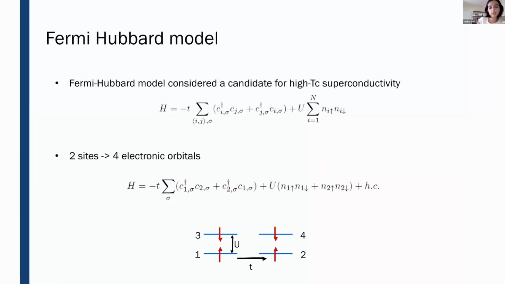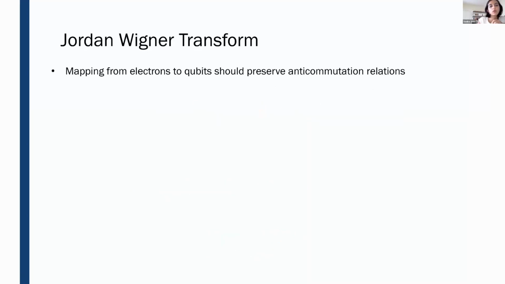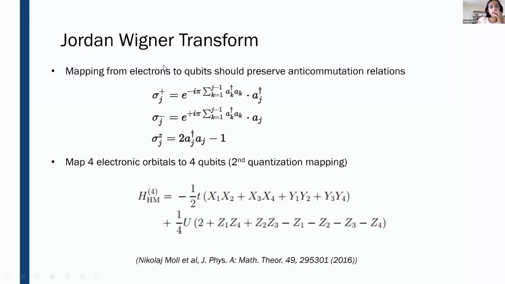And so these are electrons, not qubits. So if you want to model them on a quantum computer, you need to do what's called a Jordan-Wigner transform, right? And if you do this very naively, you find out that each electronic orbital maps to one qubit. So you map 4 electronic orbitals to 4 qubits, right?